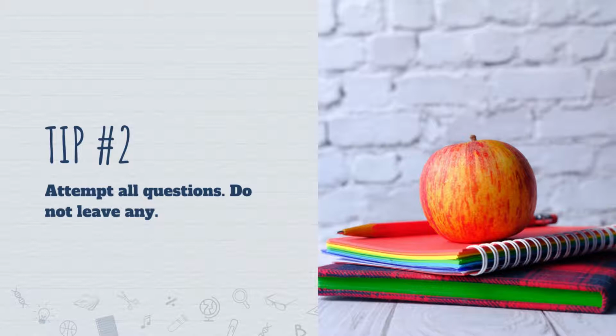Then go to the next level, maybe communication or ICT, and answer those. Follow the order of easy first. Don't go for the tougher ones first. Always go for the easy ones first, and then go to the toughest part.